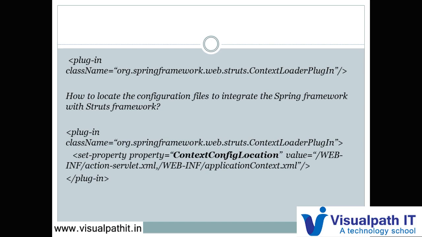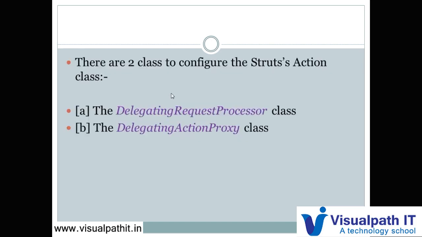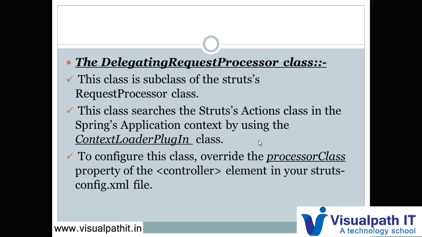There are two important classes to configure the Struts action class, that is the DelegatingRequestProcessor class and the DelegatingActionProxy class. So what exactly is the DelegatingRequestProcessor class? This class is a subclass of the Struts RequestProcessor class. It searches for the Struts action class in Spring's application context by using the ContextLoaderPlugin class. How can we configure this class?